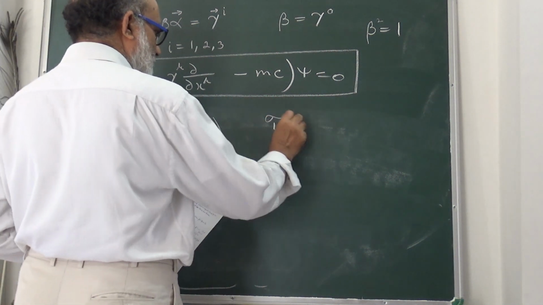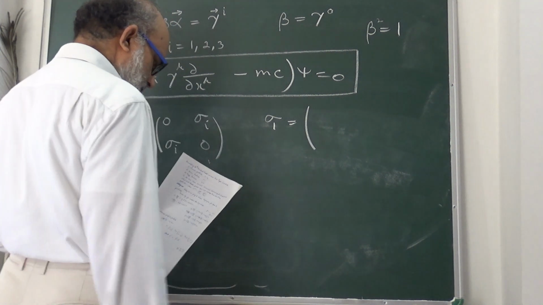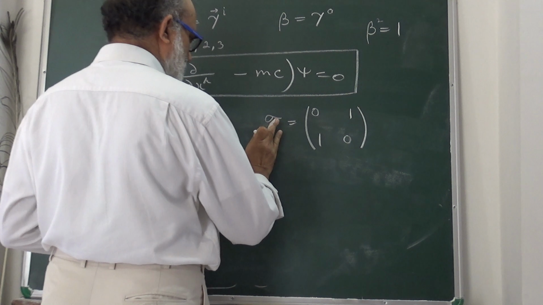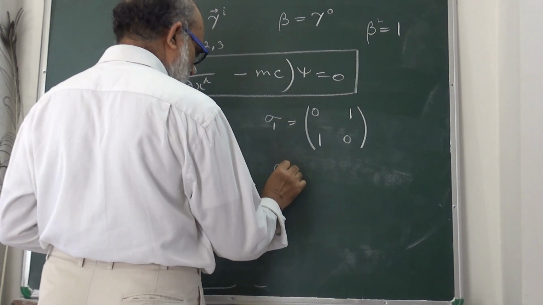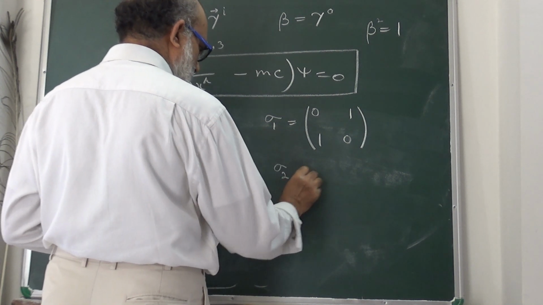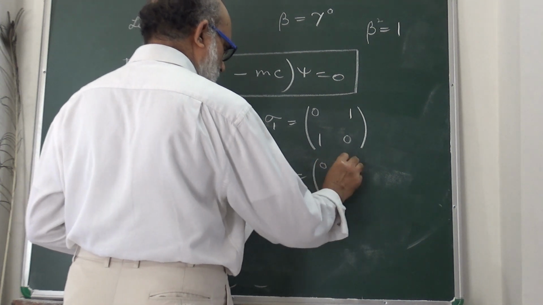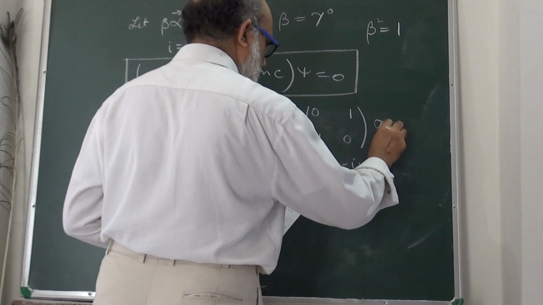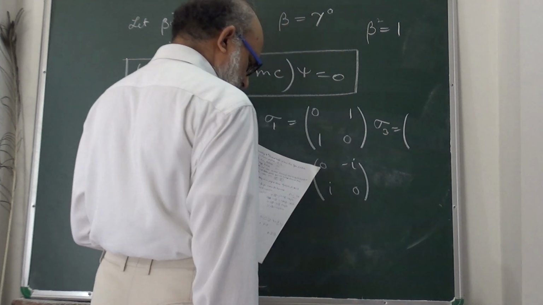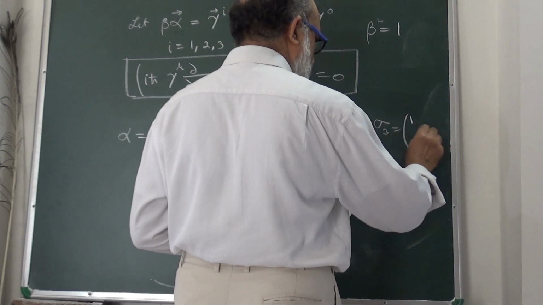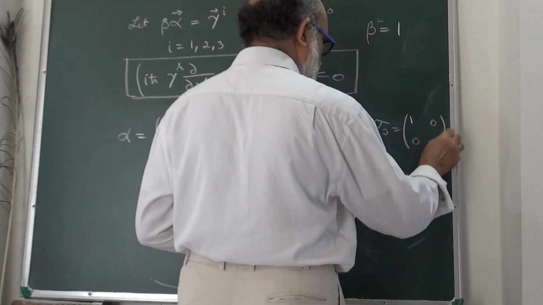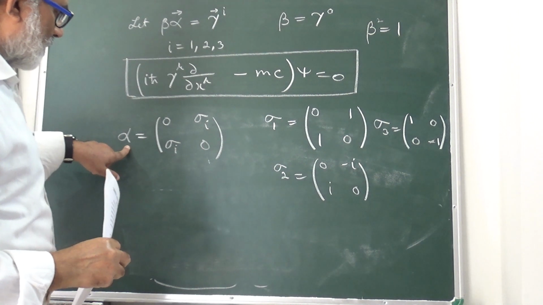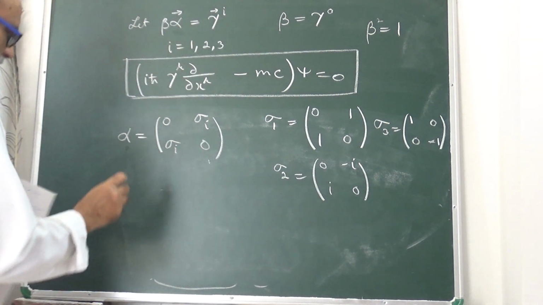Sigma 1 is 0, 1, 1, 0; sigma 2, which is the y component, is 0, minus i, i, 0; and sigma 3 is 1, 0, 0, minus 1. So all these are Pauli spin matrices. So this is actually a 4 by 4 matrix alpha.